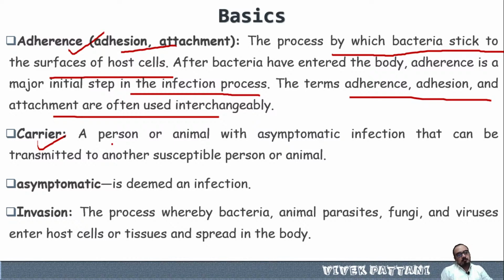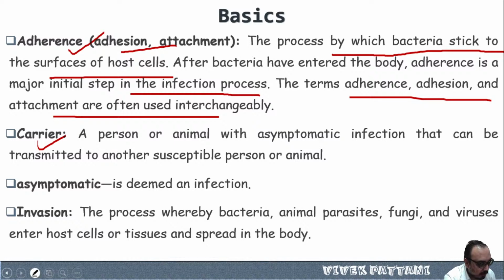But he can transmit this disease to another person also. For example, if he comes in contact with Sagar, there are chances that he may transmit typhoid to Sagar. So in that case, Gautam is basically a carrier.